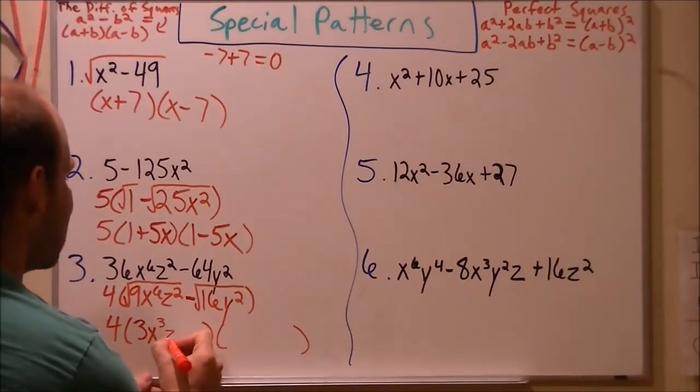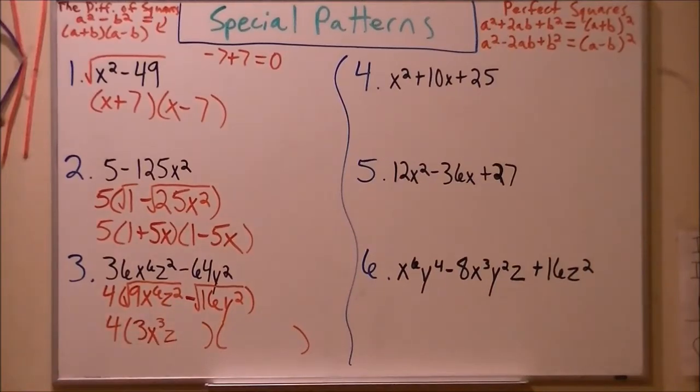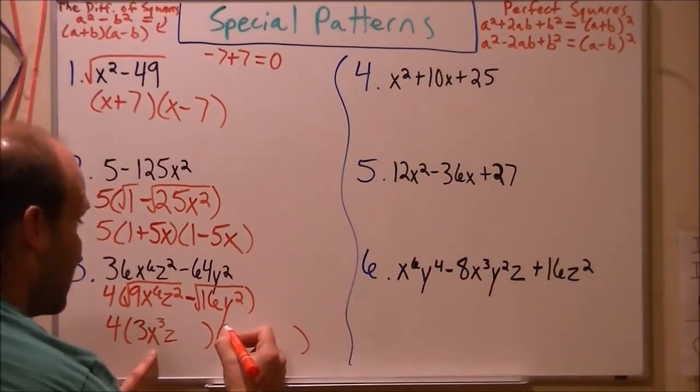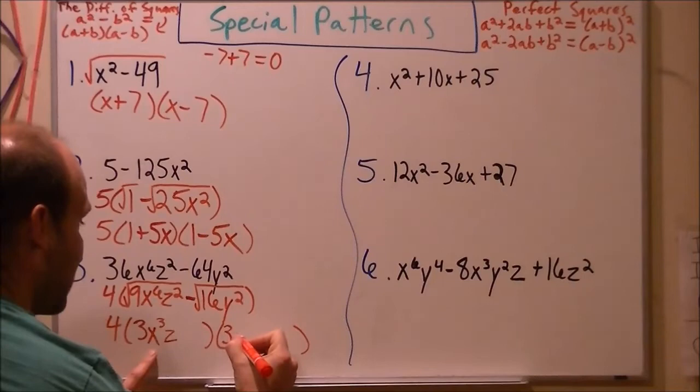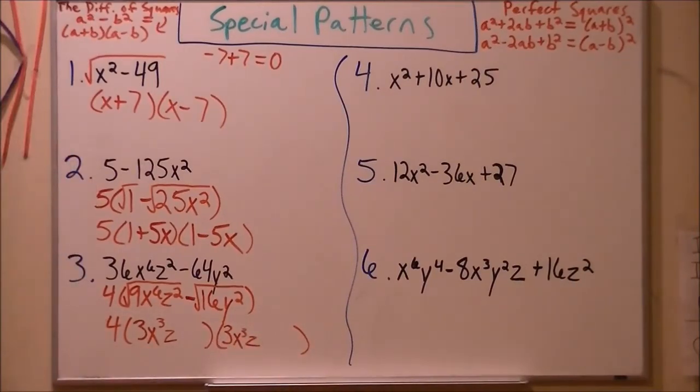And if I have z squared and I square root it, that means I divide z squared by 2. What's 2 divided by 2? That's 1, or z to the 1st power. Now guys, whatever I got for this first term, I don't just write it in the first parentheses factor, I also write exactly the same thing. So there's no math to do a second time in the second parentheses.